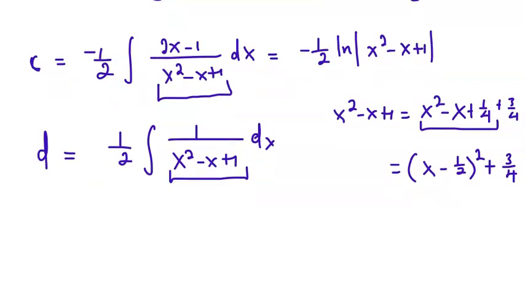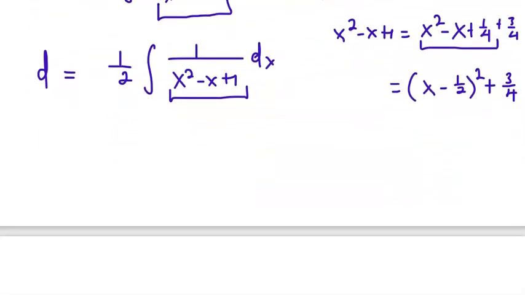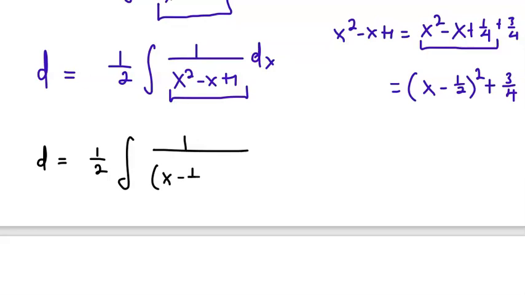Okay, let us proceed. So our d is written as 1 over 2 times the integral of 1 all over, so we have x minus 1 over 2 whole squared, right? Then plus, we can write 3 over 4 as the square root of 3 over 4, then whole squared.